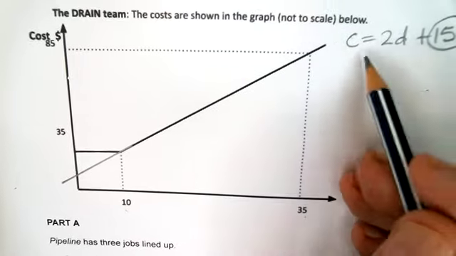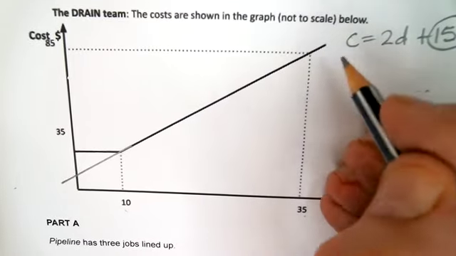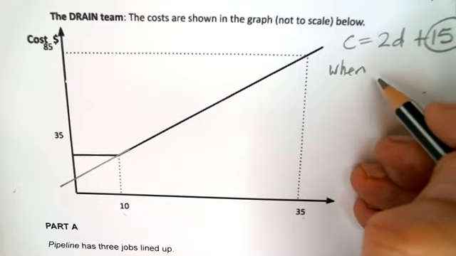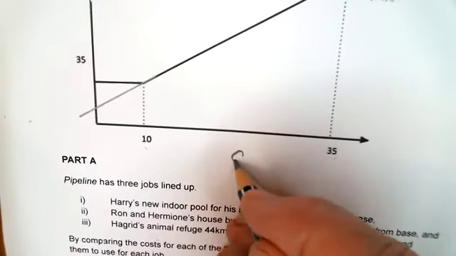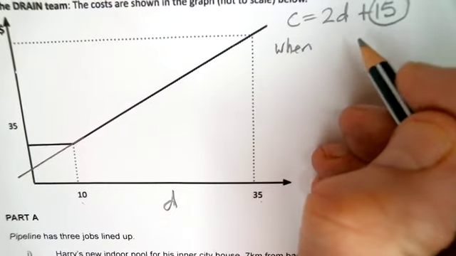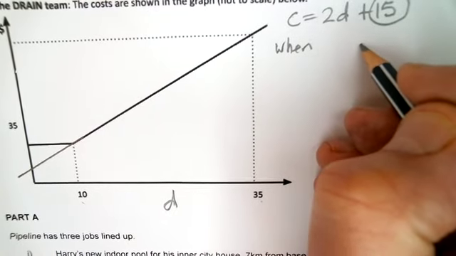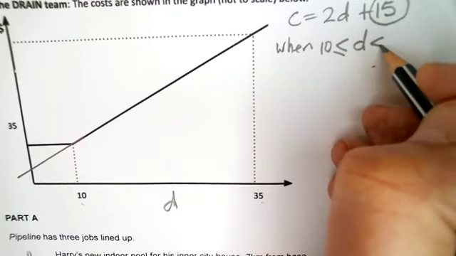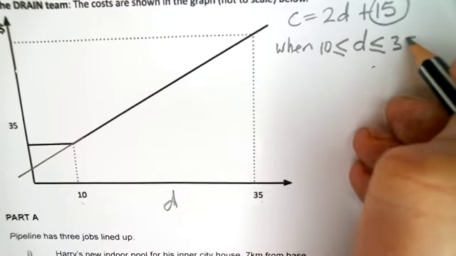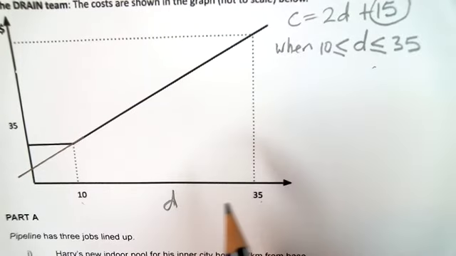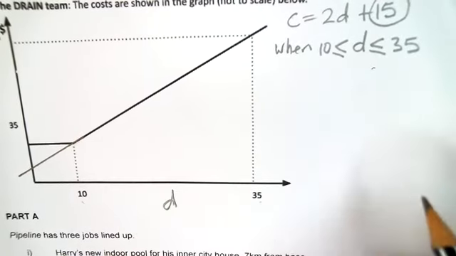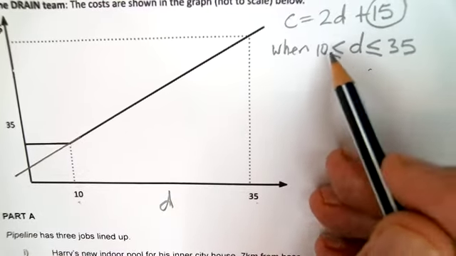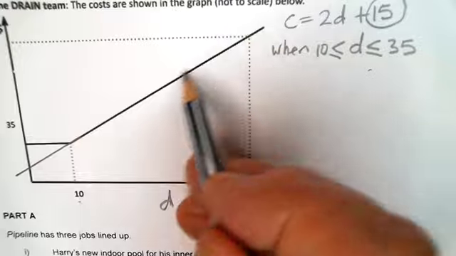So really we should state this is true where D is greater than or equal to 10 and less than or equal to 35. In other words, just from here to here. And you could just state that. You could say from 10 to 35, D, that's the equation of that line.